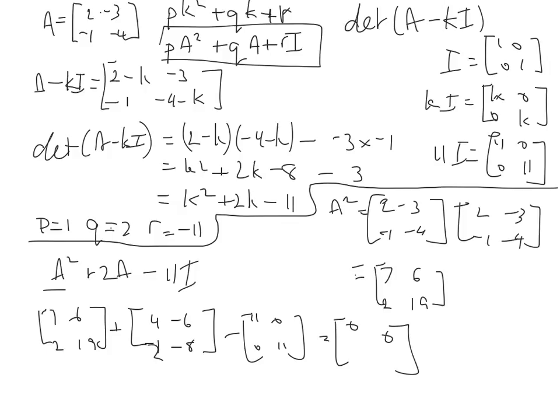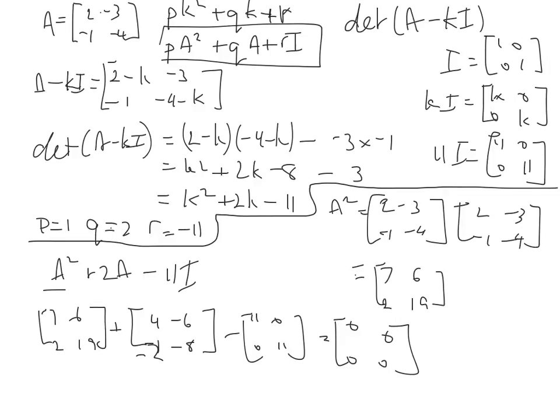So here we've got negative 2 plus 2 to give us 0, minus 0 will also give us 0. And then the last one, we've got 19 minus 8 to give us 11, minus 11 will also give us 0. So that's how we go about solving these.